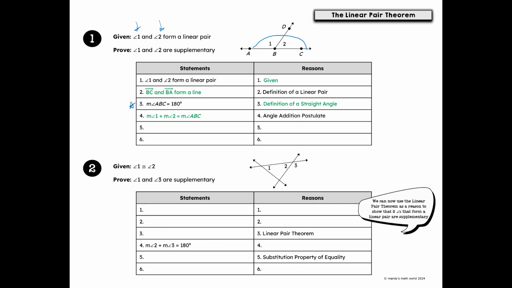So now we have an equation, and I like to replace parts of that equation with numbers, but I can only do that if I've already established something in my proof. Here I have established that the measure of angle ABC is 180 degrees. So I can replace that right here in my next step. The measure of angle 1 plus the measure of angle 2 equals 180 degrees, and I know that by the substitution property.